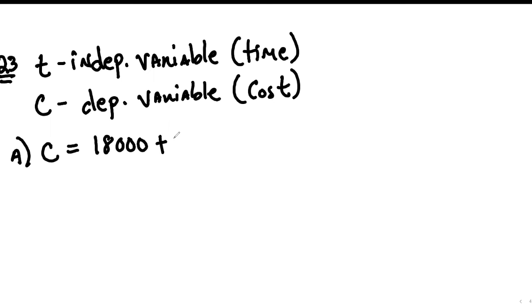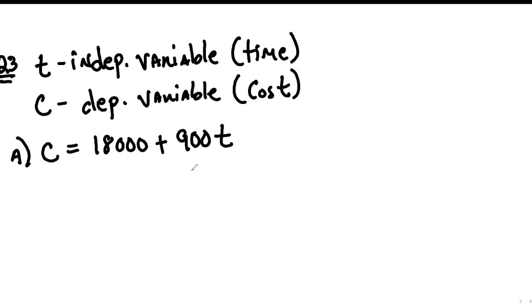Every year, the car increases in value by $900. So 900 is going to be the actual rate of change, times the independent variable, which happens to be T. So C is equal to 18,000 plus 900 T. Remember, we actually wrote it a little backwards, meaning 900 T plus 18,000. So either way, it is fine.